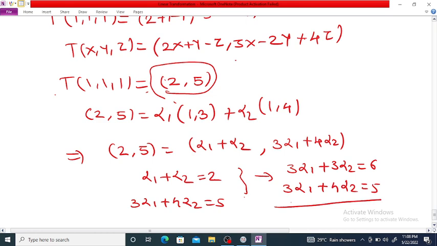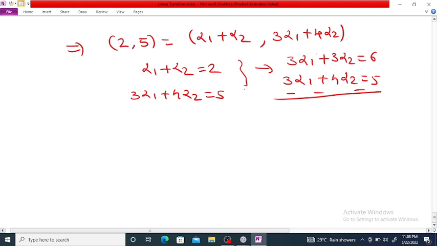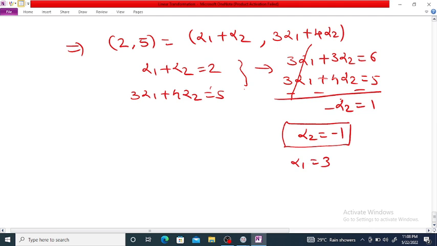Now if we subtract these two equations, 3 alpha 1 gets cancelled, and we get minus alpha 2 is equal to 1, therefore alpha 2 is equal to minus 1. Substituting this value in one of the equations, we get alpha 1 is equal to 3.